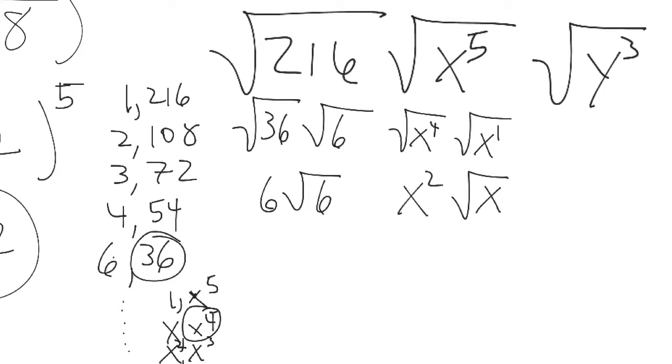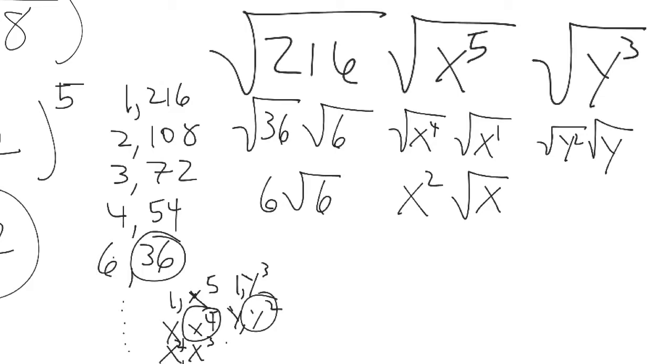Let's do the same thing for y cubed. Y cubed is really 1 times y cubed, and then y times y squared. But really the largest perfect square factor is going to be y squared. Square root of y squared times y, the square root of y.